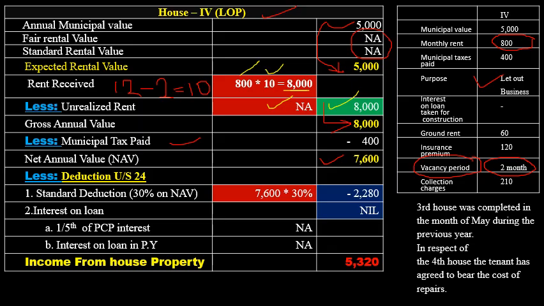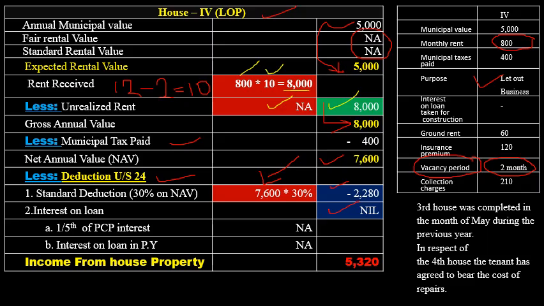Next, deduction under section 24. The standard deduction is 7,600 into 30%, net annual value into 30%. It is 2,280. Interest on loan is not applicable here. It is nil. Either the loan amount or interest on loan amount, both are not given. No information related to interest on loan or loan.